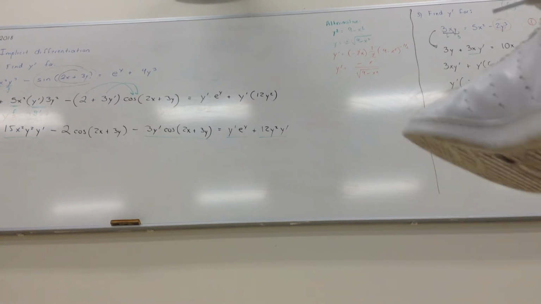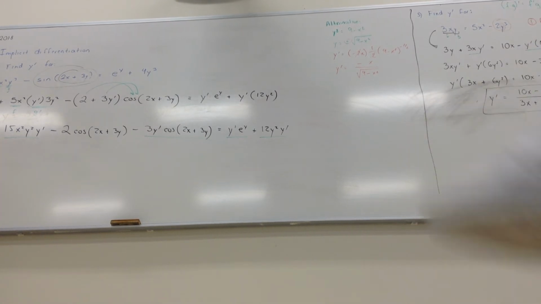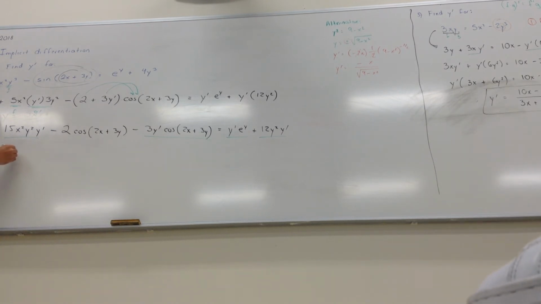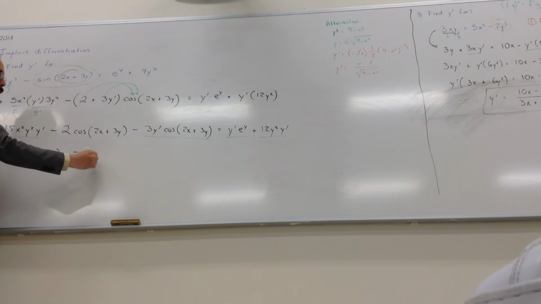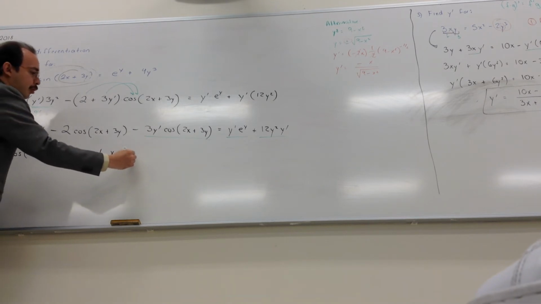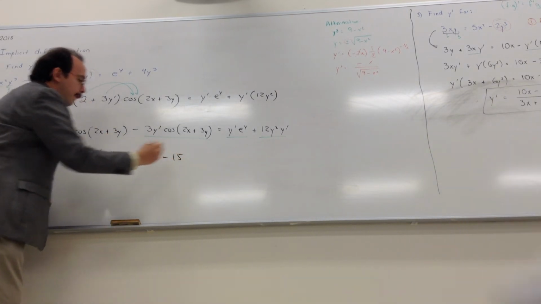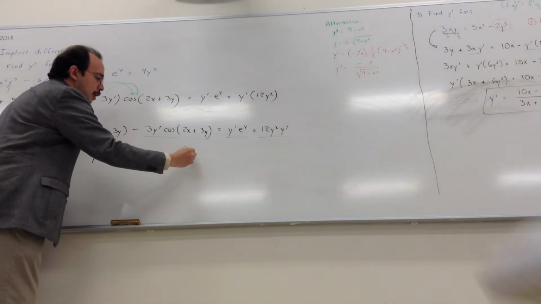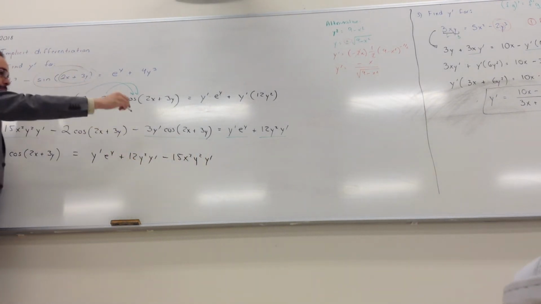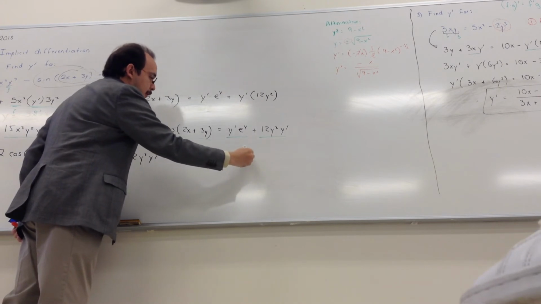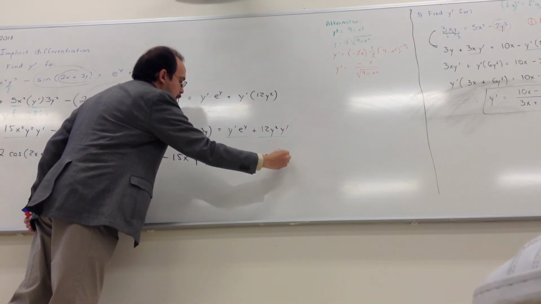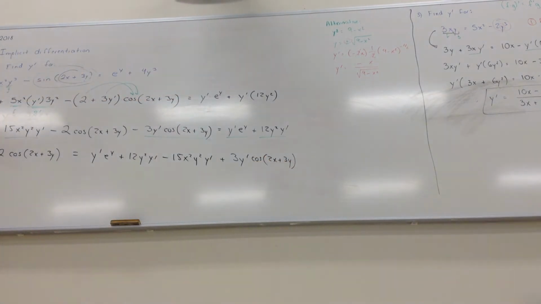Let's try the... equal to y prime e to the y plus 12y squared y prime minus 15 x squared y prime and plus... Now what?